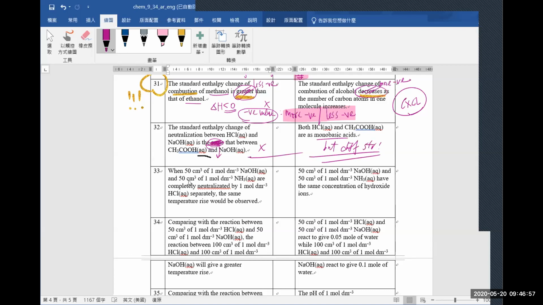So that's why this statement is not correct, okay? So which one carries the less negative value? Strong acid, strong alkali is more negative. Yes, that's right. Thank you.